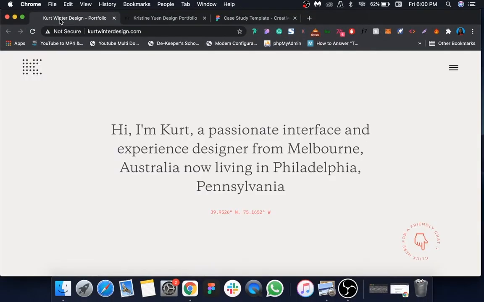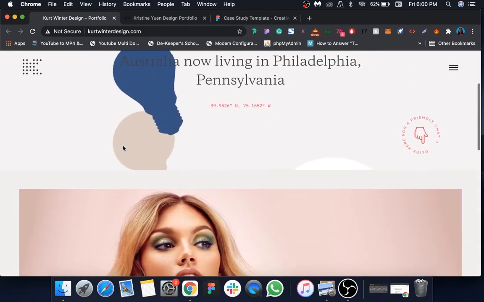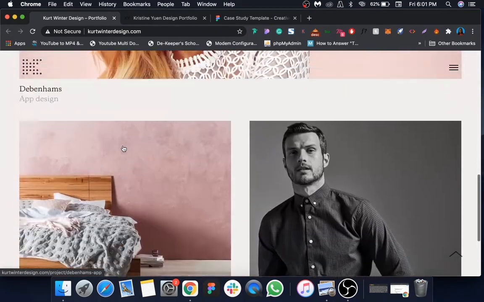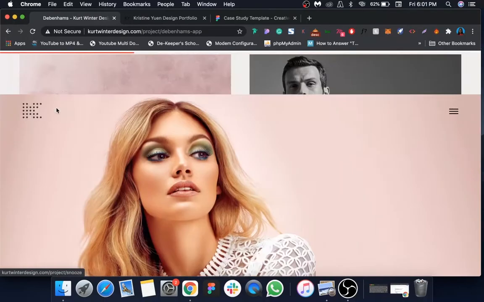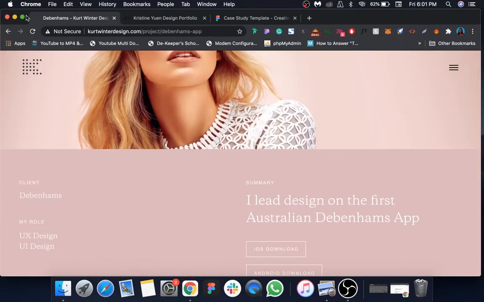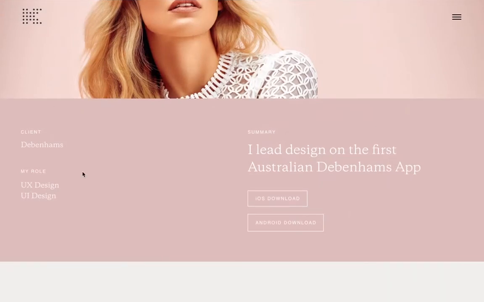All right, so the first example is Kurt Winter. We'll be looking at one of his case studies. You see here it has the client. As I said, you might want to include what the client was, a summary.